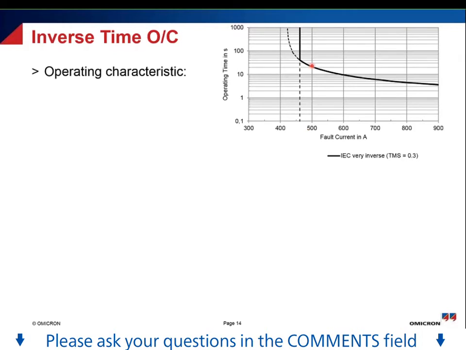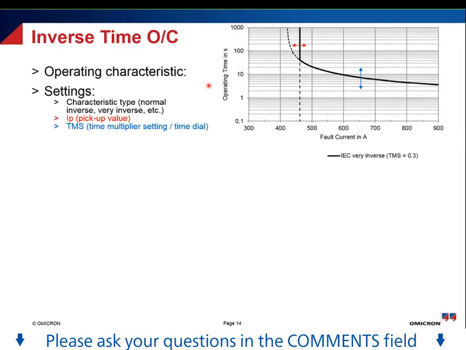If the current is, for example, 800 amps, then we get a trip time of between 4 and 5 seconds. So you see, the higher the current, the faster the trip time. That's the rule for inverse characteristics.